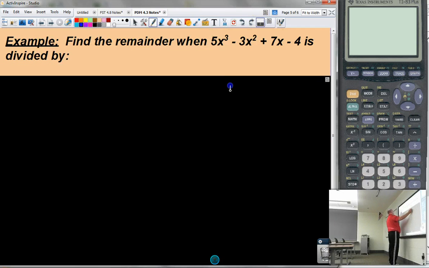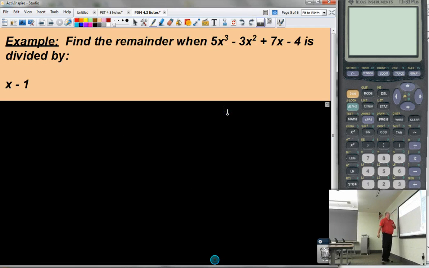It says find the remainder when 5x cubed minus 3x squared plus 7x minus 4 is divided by x minus 1. If it's divided by x minus 1, remember my goal is x minus c.